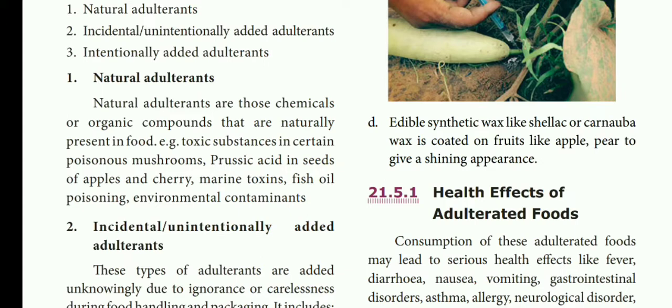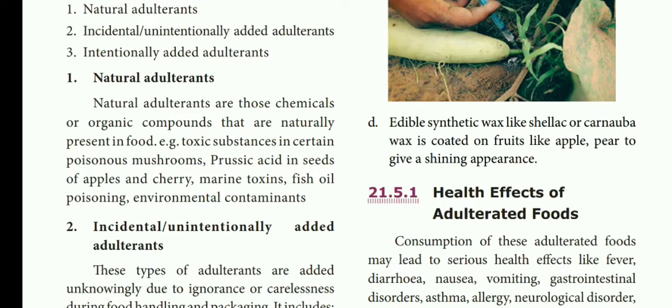Then marine toxins. Some toxic fishes are living in the marine world, and they could release toxic chemicals to affect other fishes. Fish oil poisoning: some fishes can release an oil-like substance, which humans take for consumption. When we consume it in more dose, it is very harmful to humans also.